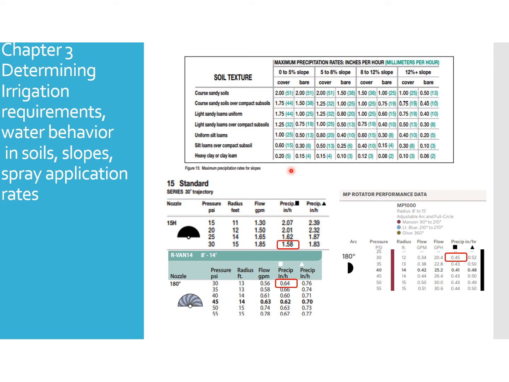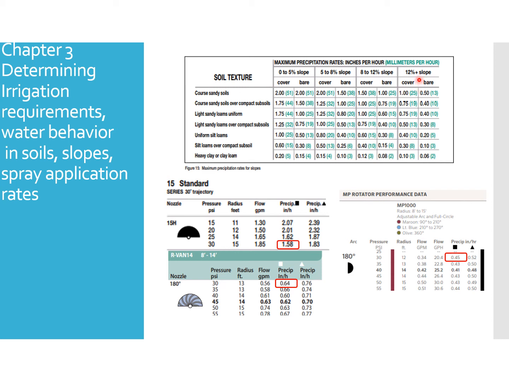Basically, your precipitation rate is the rate at which water is being applied to a surface, and it's rated in inches per hour. In this particular case, the maximum precipitation rate in inches per hour changes depending on the soil structure that you have, and it also depends on the slope that you have.